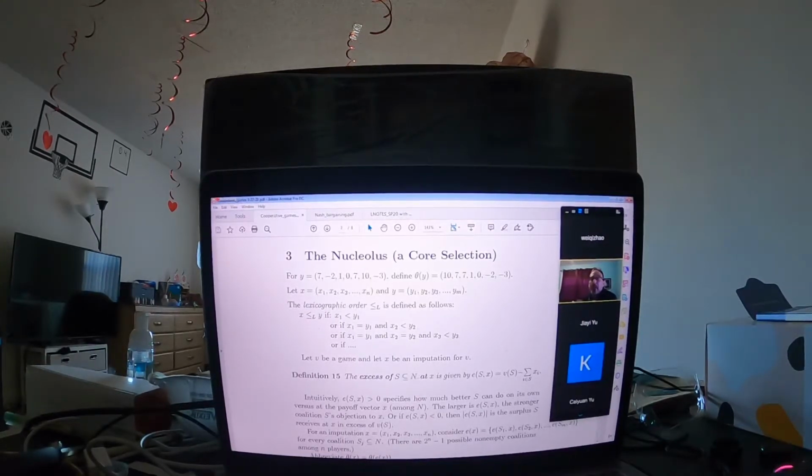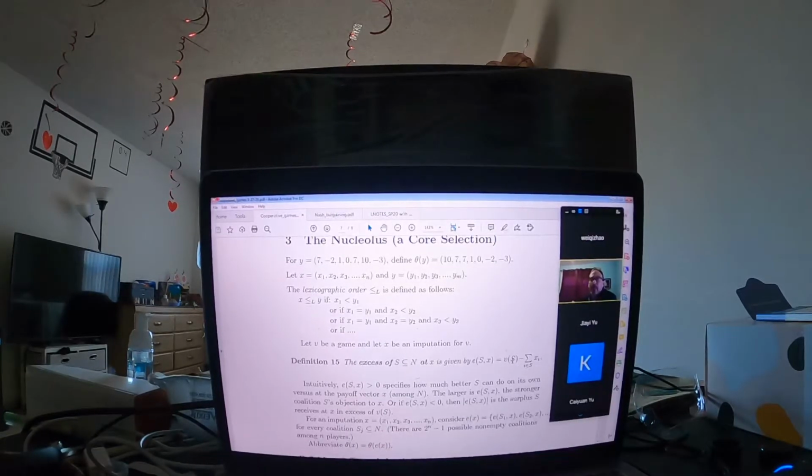Okay? So again, we're looking at a particular point, a particular recommendation or suggestion, or someone threw out a possible payoff vector. And this is, in some sense, a measure of how fairly the coalition S is treated at the imputation X. Okay?